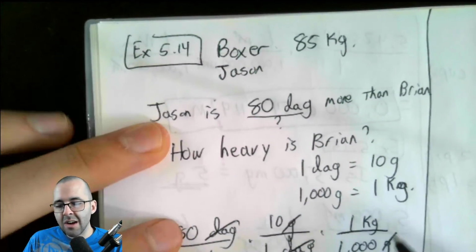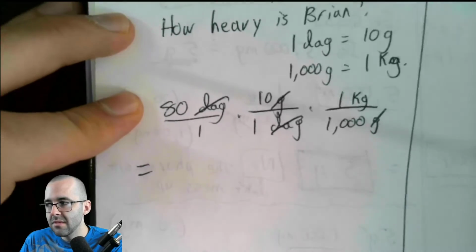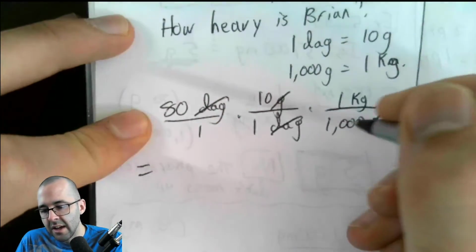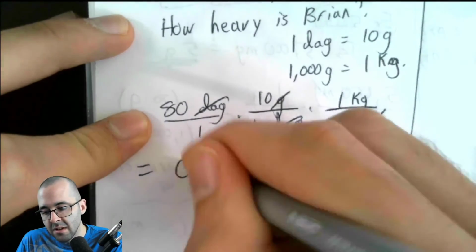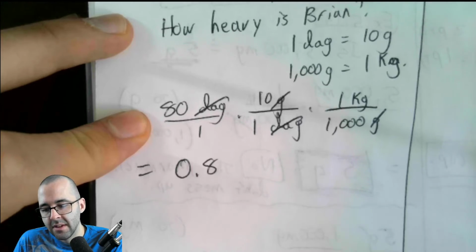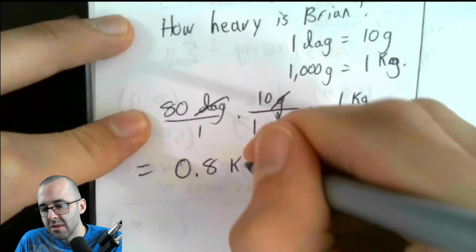So now we only have kilograms, everything else cancels. So multiply this across. We're going to get 80 times 10 is 800. 800 divided by 1,000 is 0.8. Use a calculator for this. You don't have to do it in your head. 0.8 kilograms.